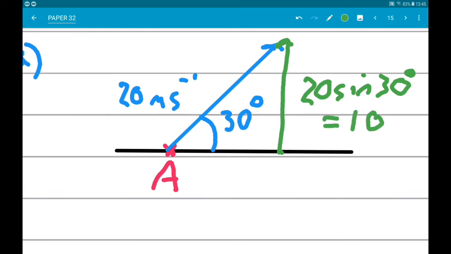And the horizontal is 20 cos 30. So that's 20 times root 3 over 2, so that's 10 root 3.